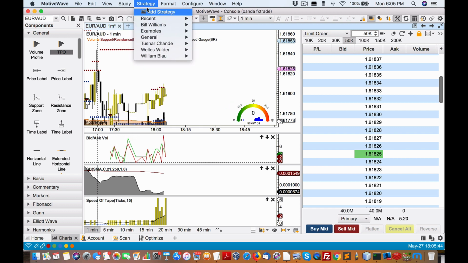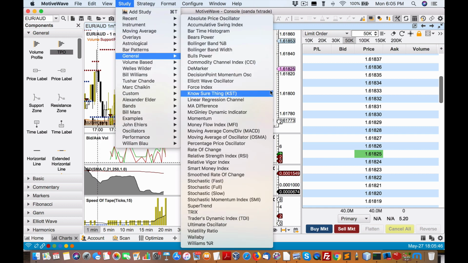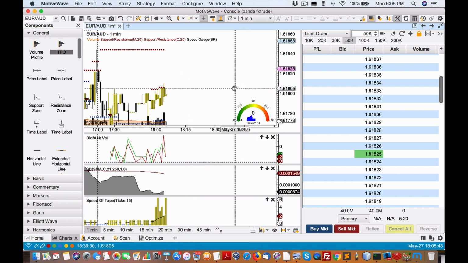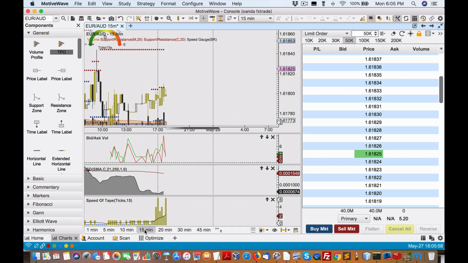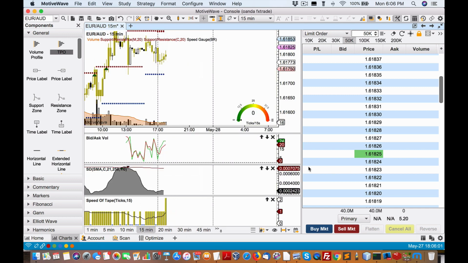And then you also have out-of-box strategies that you can add as well and have it automatically trade for you. Now, this is all fine and good, but let's just say we're going to ignore all this stuff and go back to, let's say, 15-minute data. See if this changes at the 15-minute level.